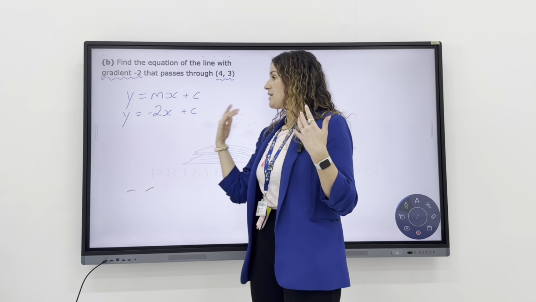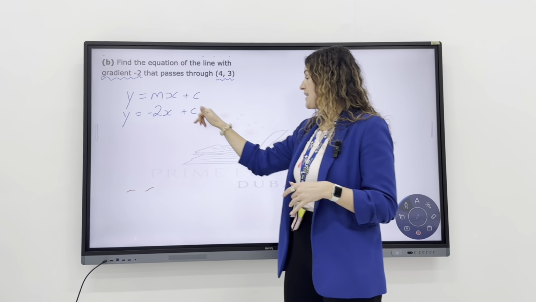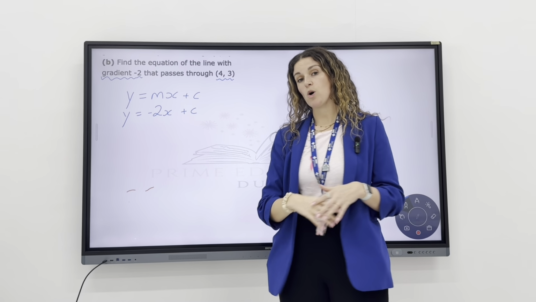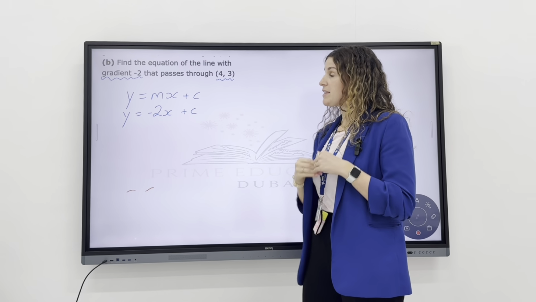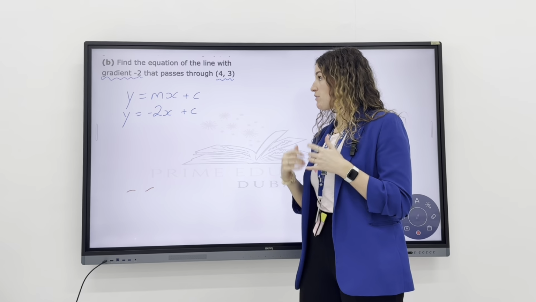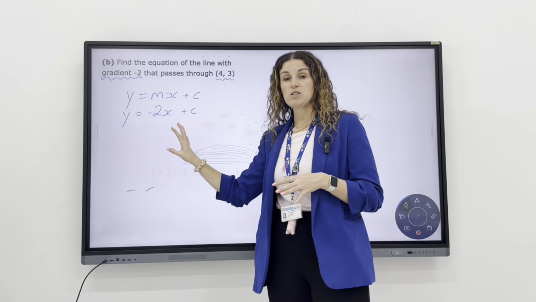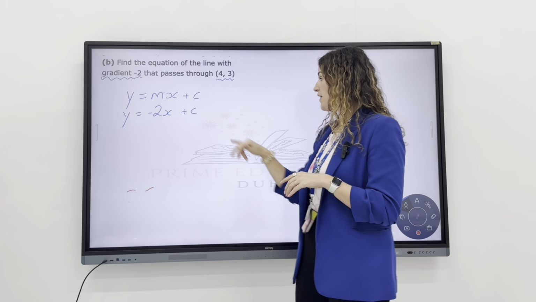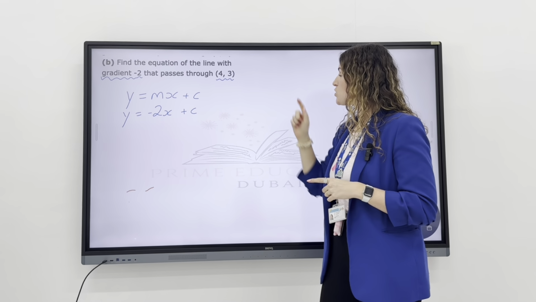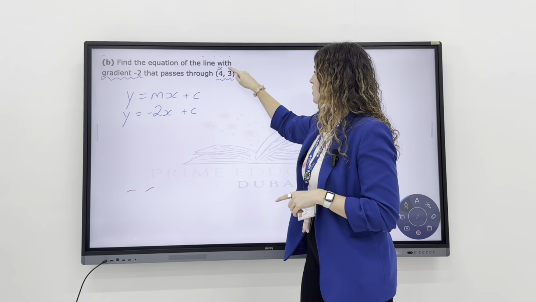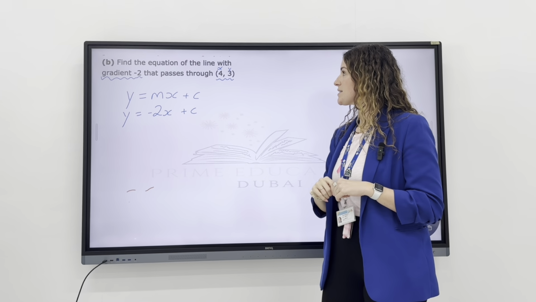Okay, I've not finished yet because I need to know my c value, or my y-intercept. The only other piece of information I'm given in the question is this point, so I'm going to substitute it in, and that will help me find my y-intercept. Remember, your x-coordinate is first, your y-coordinate is second.